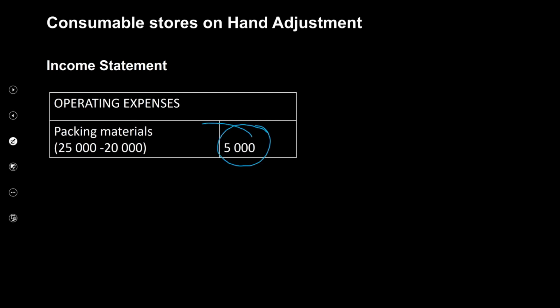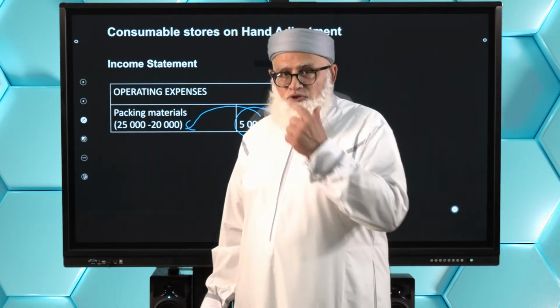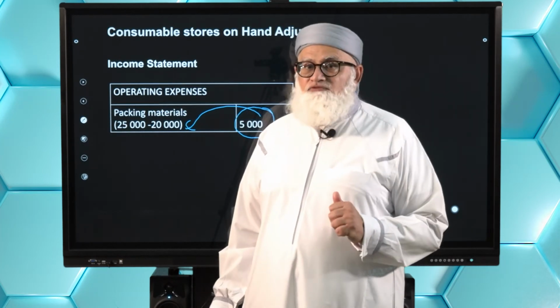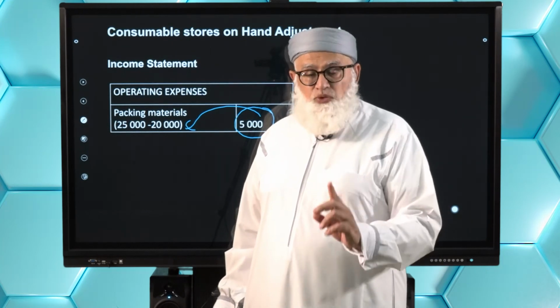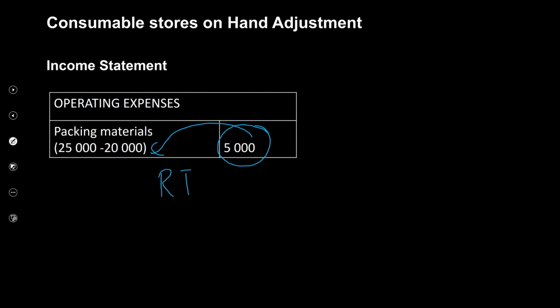So if you look at this here, 25,000 minus the 20,000 will give you your 5,000. So take note of consumable stores on hand to see, are they telling you the value of the consumables that was left over at the end of the year, or are they giving you the value of the consumables that was used? Very important. RTFQ. Read the full question.